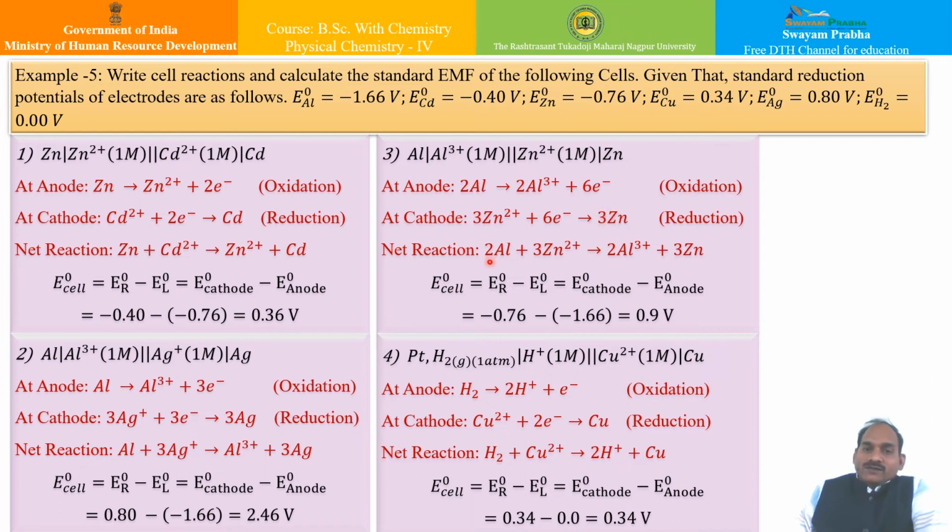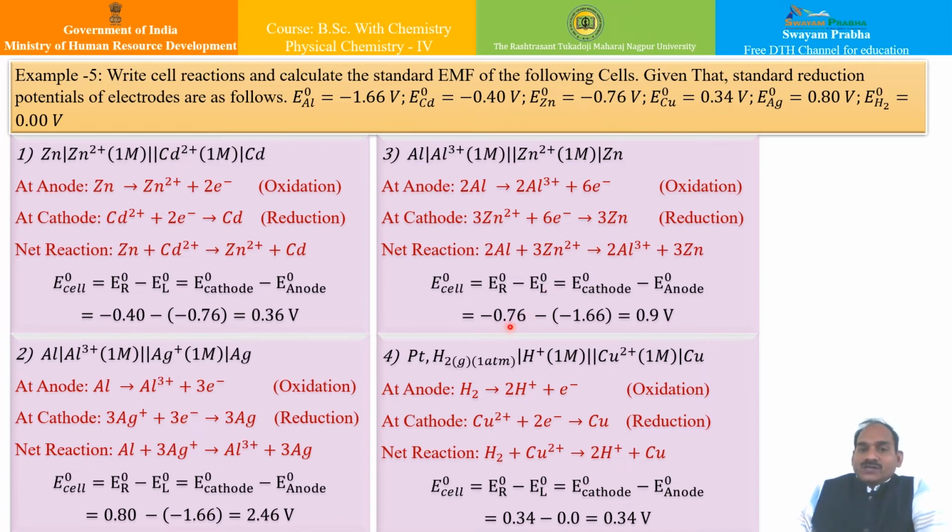So the net reaction is that 2 atoms of aluminum release 6 electrons. These 6 electrons are absorbed by the 3 ions of zinc 2 plus, and therefore 2 aluminum ions are released into solution and 3 atoms of zinc are deposited at the zinc electrode, at the cathode. The overall cell potential is the standard electrode potential of the right hand side electrode minus that of the left hand side electrode. Obviously it is the reduction potential.